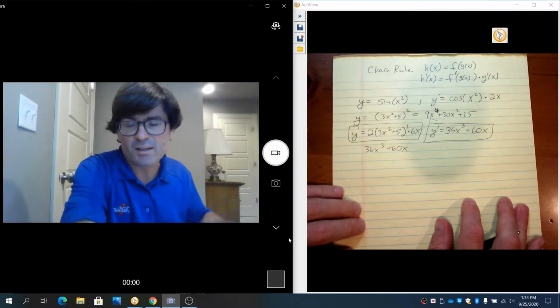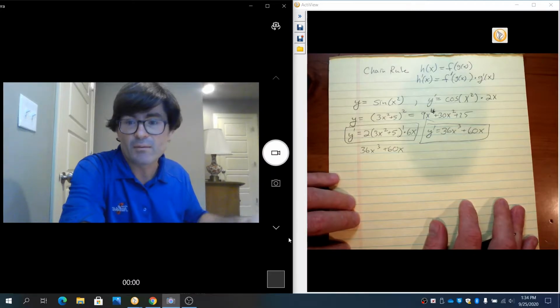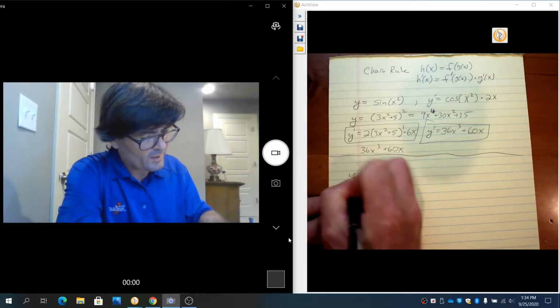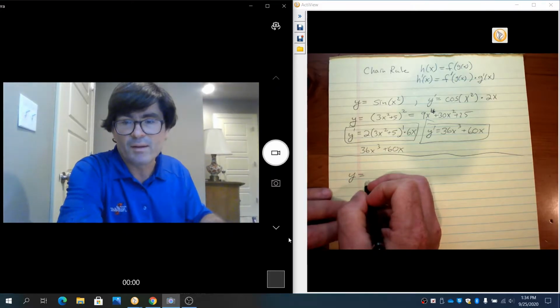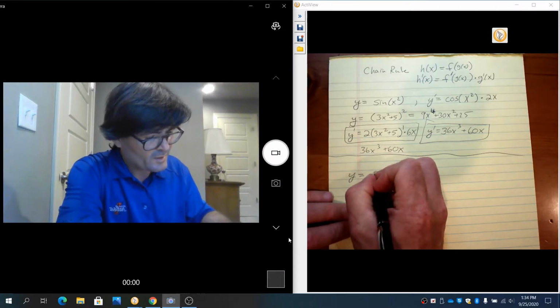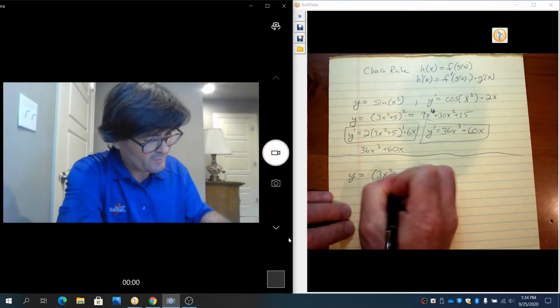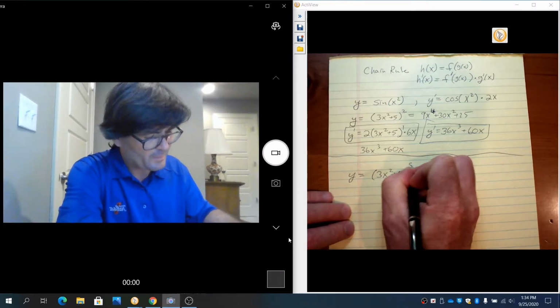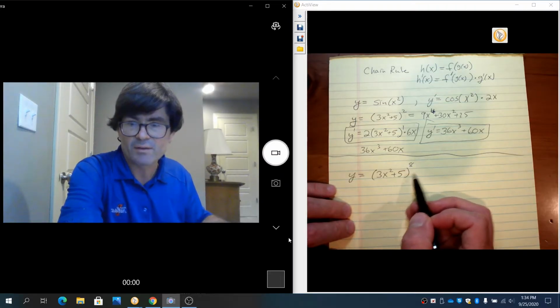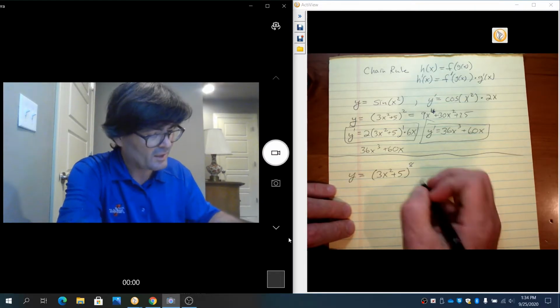Now, in this case, it didn't matter really which one you used. But say you have one with a much larger power. Say you had 3x squared plus 5, again, to the 8th power. Now, the algebra that would be involved with this would be just astonishing, multiplying 3x squared plus 5 out to the 8th power.